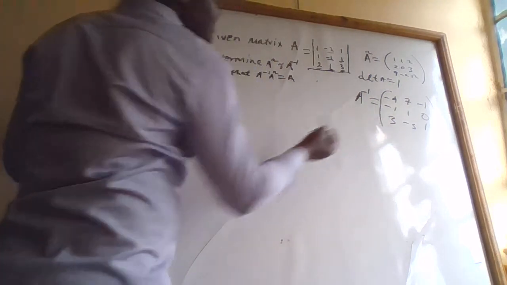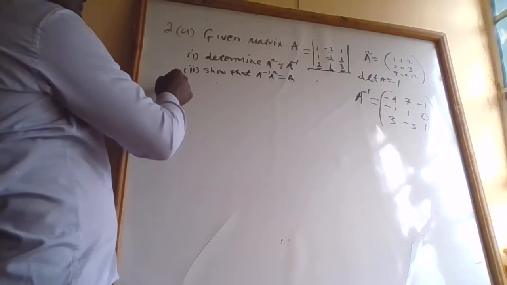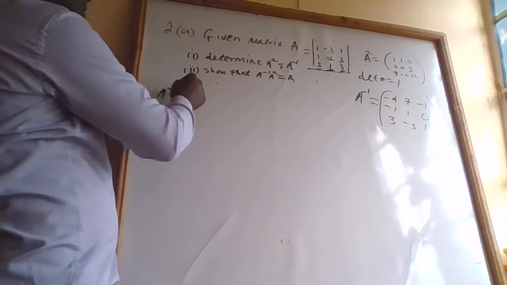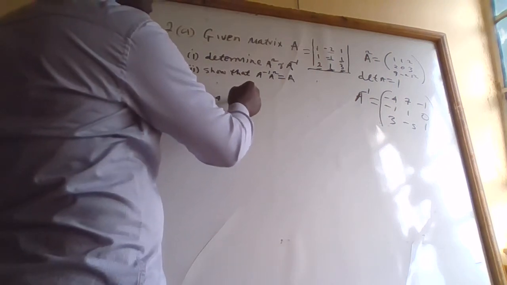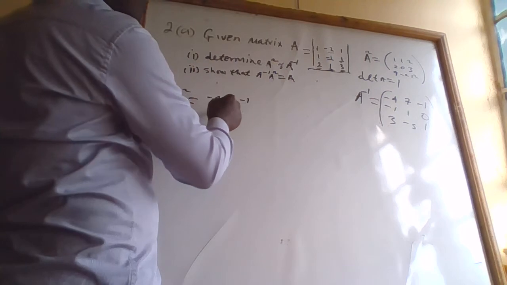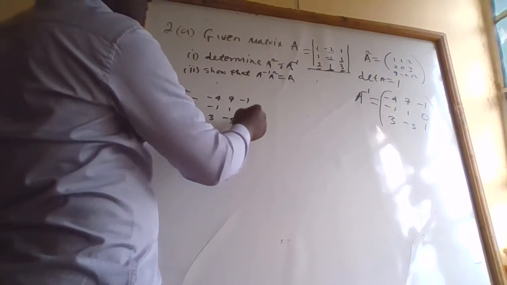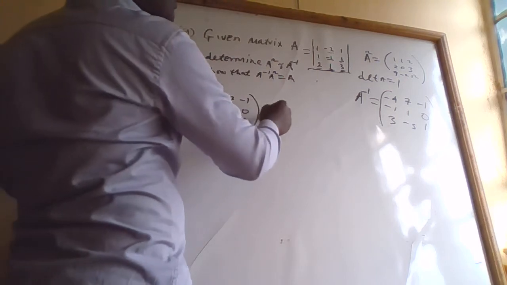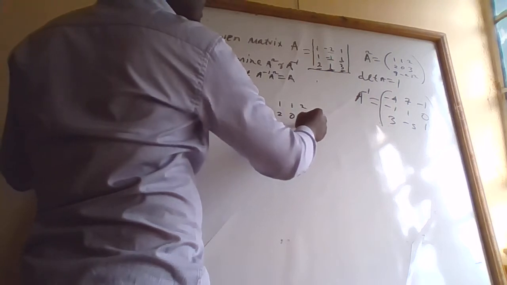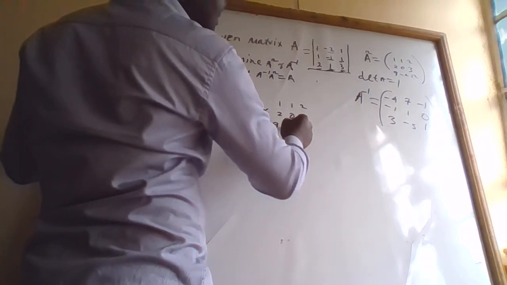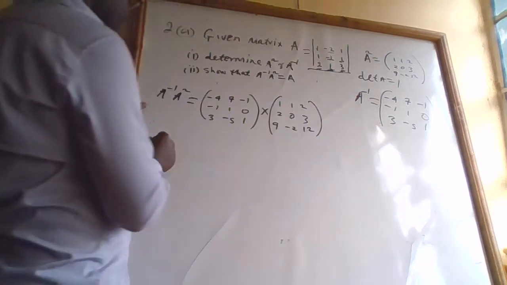We have A inverse, which is this one. So A inverse times A squared will be equal to negative 4, 7, negative 1, negative 1, 1, 0, 3, negative 5, 1, times A squared, 3, 9, negative 2, then 12.